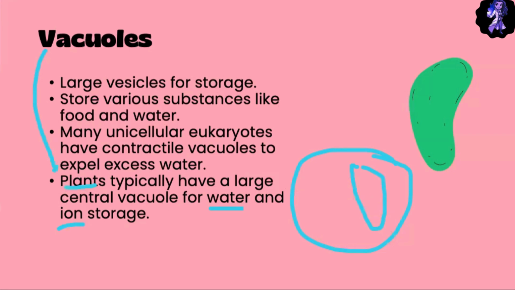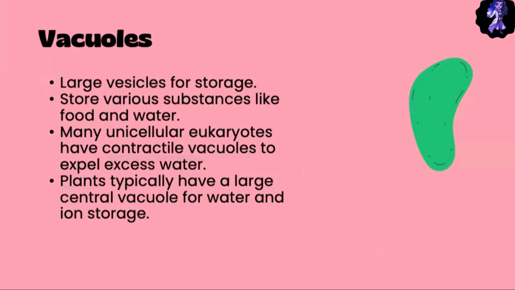Remember, we as human beings who have animal cells constantly drink and eat our food and let go of our food and water. That's not the case with plant cells. They need to store water in case there are seasons where there's not water available to survive. That's what vacuoles do. Sometimes there's what's called a contractile vacuole, which allows for the expelling of water. So be aware of that. They are very large in structure as well.